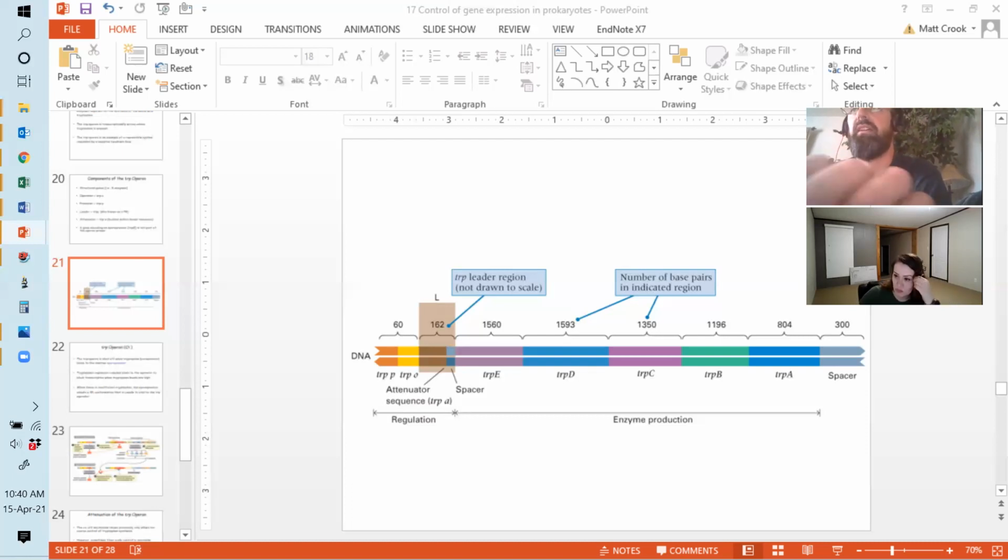And then, ta-da, a terminator loop forms and kicks RNA pol off the DNA. Equals no transcription of the structural genes. Ah, dang it. There you go, genes.